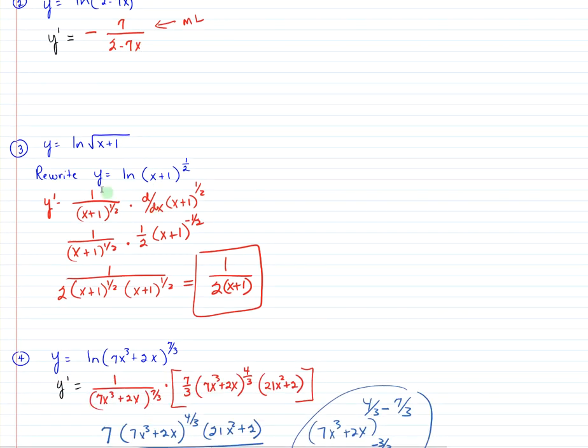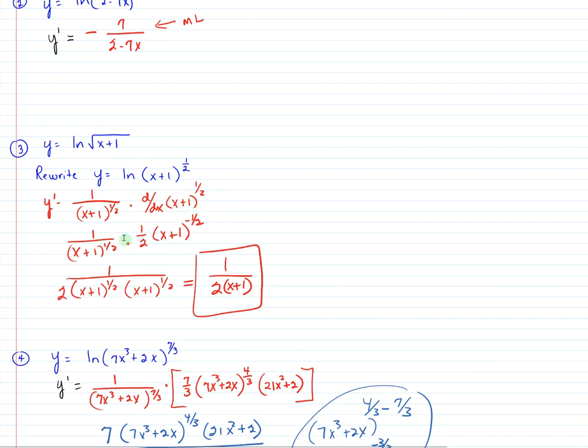Number 3, ln of this radical. We don't want to deal with the radical, so we rewrite it as a fractional exponent. Remember, there's an understood 1 and an understood 2. So y equals ln of x plus 1 to the 1/2. It's 1 over that original times the derivative of what is there, x plus 1 to the 1/2.